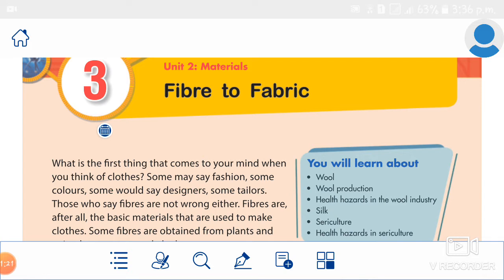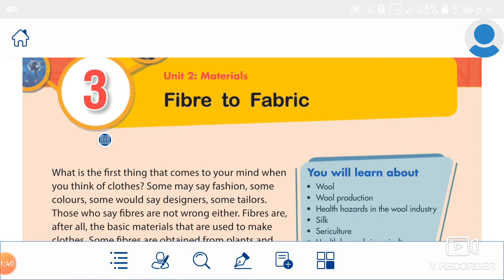So how is silk made from silk thread? This silk thread is the material to make products like silk sarees, dresses, etc. This silk is a fiber. So what is fiber? Any guess?